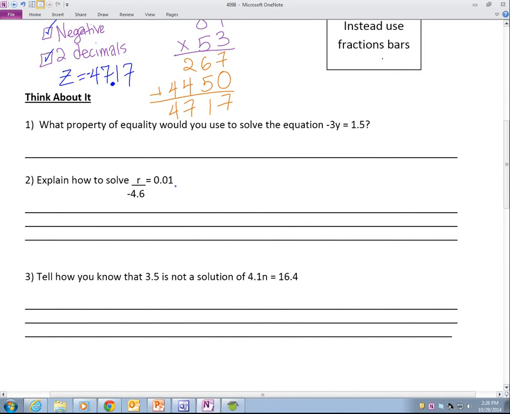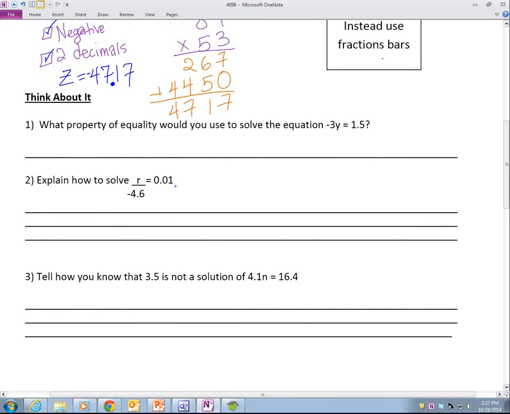Number 3, there are 2 different ways you can do this. Can you tell me one of them? 3.5 is not equal to 4.1. And how did you get that? Because you have to do 4.1 on both sides.